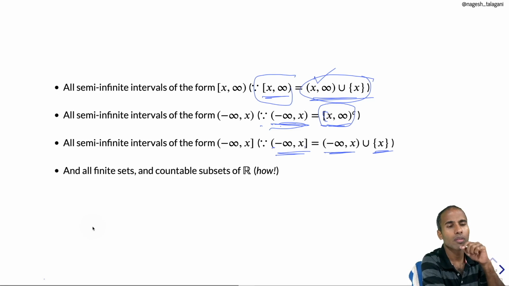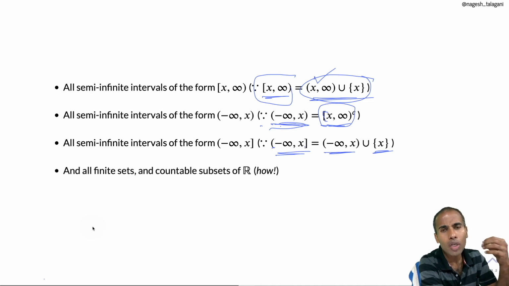So the Borel sigma field contains all types of intervals and all finite subsets of R and all countable subsets of R, and any subset of R that can be expressed in terms of these sets through the operations of union, countable union, intersection, countable intersection and complementation.